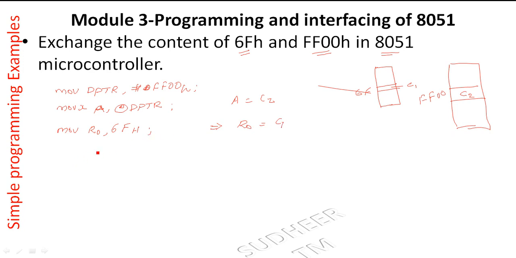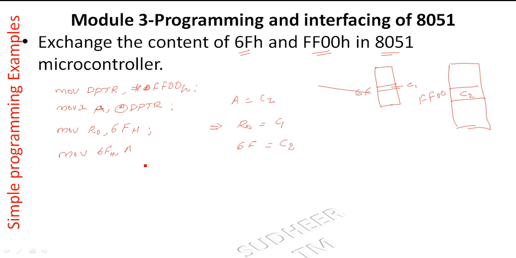Now this accumulator content we need to place at 6F, so we use MOV 6FH, A. The accumulator content is copied to 6F, so memory location 6F will now be C2.